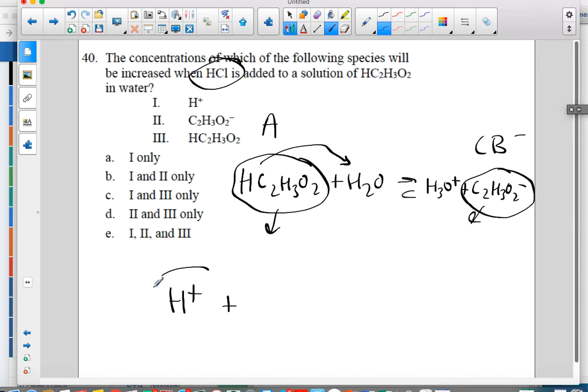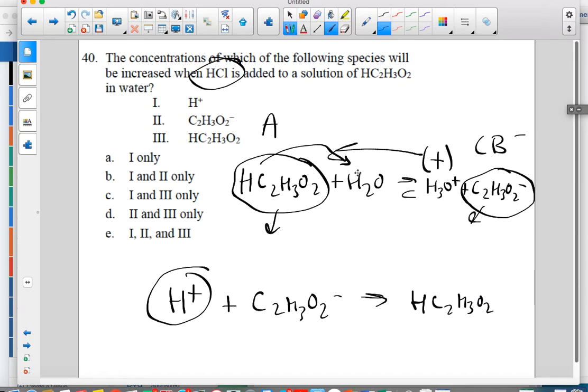So when I add H plus to the solution, C2H3O2 minus is what's going to react with it, ultimately producing HC2H3O2. Or from a Le Chatelier point of view, if you add this in there, it's going to shove it back this way, and it says which of the following will be increased. So what's going to be increased is actually Roman numeral 3, HC2H3O2.